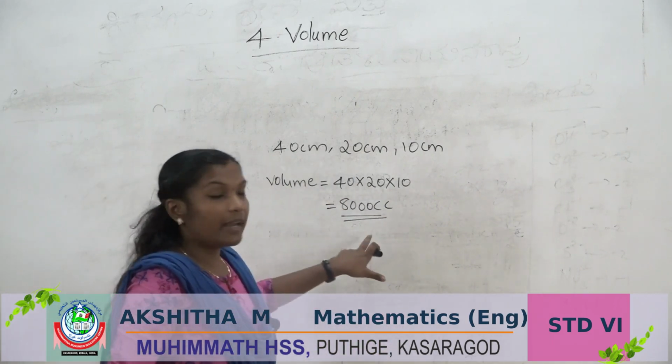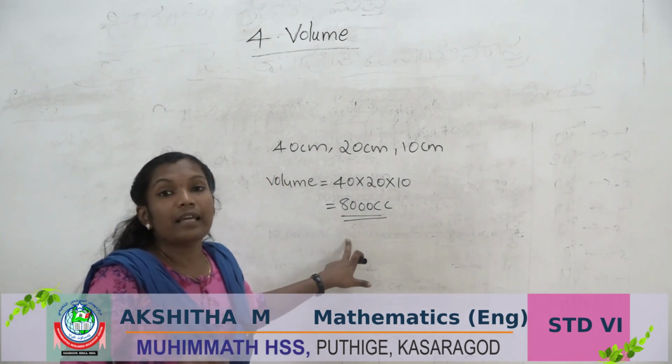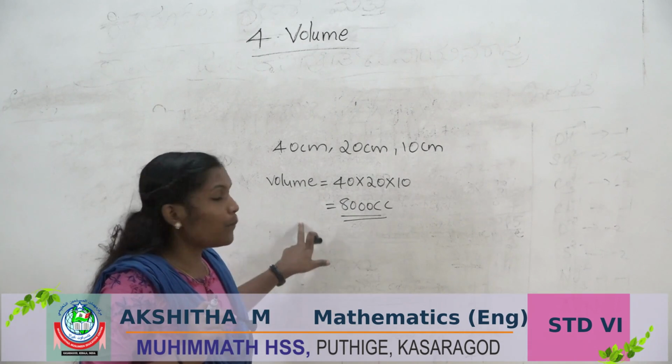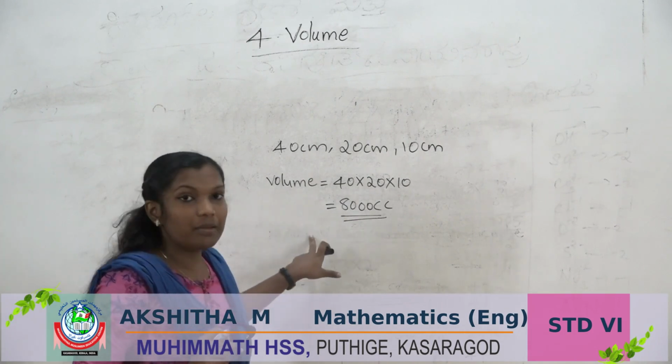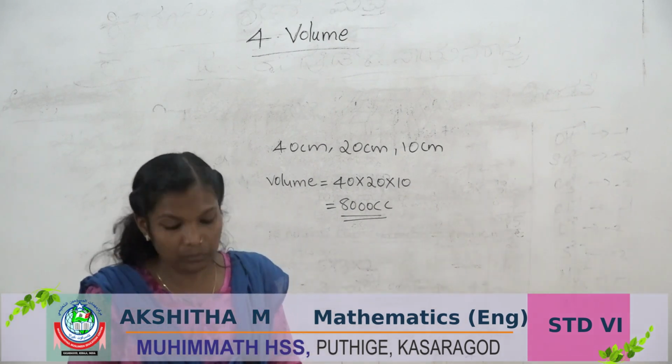Its volume is 8000 cubic centimeter. This volume is called the capacity of the box. Is it clear now?